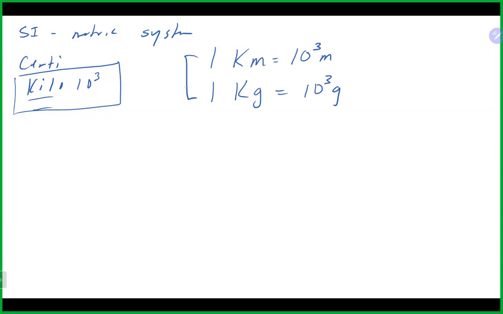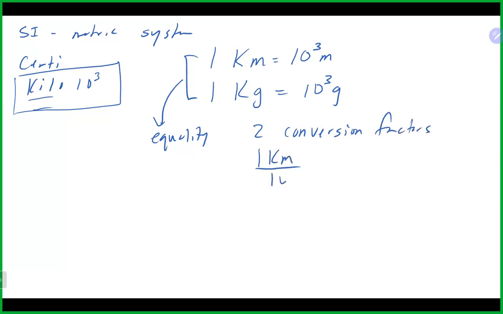Remember that these two are what are known as equalities. From any equality, you can write 2 conversion factors. For example, 1 kilometer over 10 to the 3 meters, or 10 to the 3 meters over 1 kilometer.